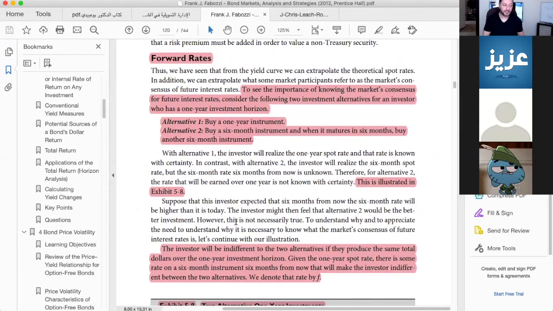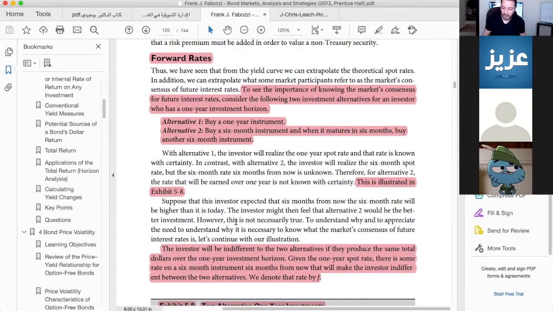So suppose that now we are trying to invest our money for 1 year, but we are trying to do it in two different ways, two different alternatives. If the market was at equilibrium, since we are in the same market and we are investing our money for the same horizon of time, we should have the same gain by the end of the year.